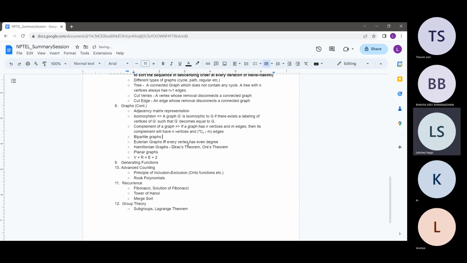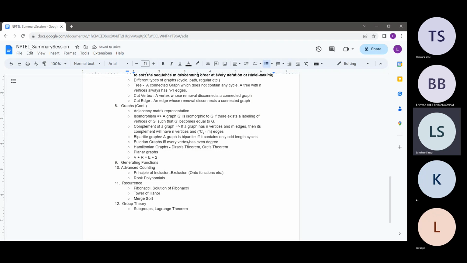And we also gave an equivalent definition for a bipartite graph. A graph is bipartite if and only if it contains only even length cycles.